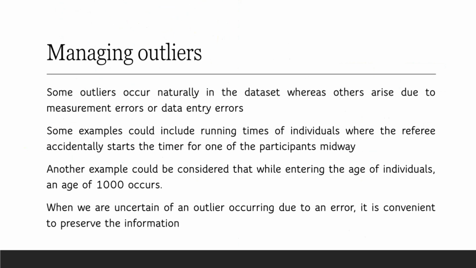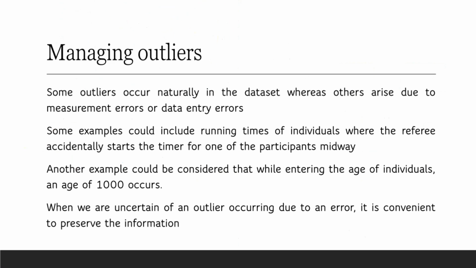However, certain outliers occur due to human errors or measurement errors, such as measuring the gravitational acceleration or the value of g, which is approximately 9.8. Someone records the value of g as 10.8. Clearly, that is a human error or a measurement error. So those are the two types of outliers we have: naturally occurring and those that occur due to certain errors.